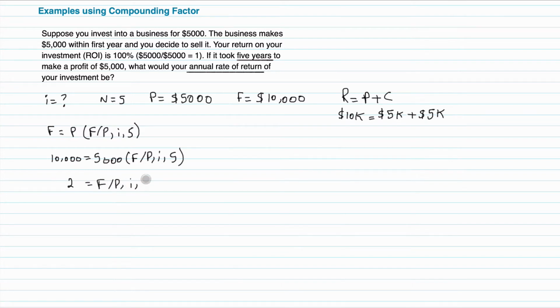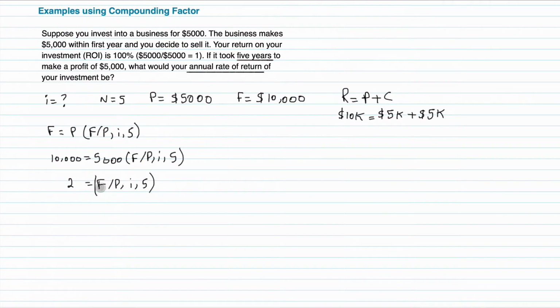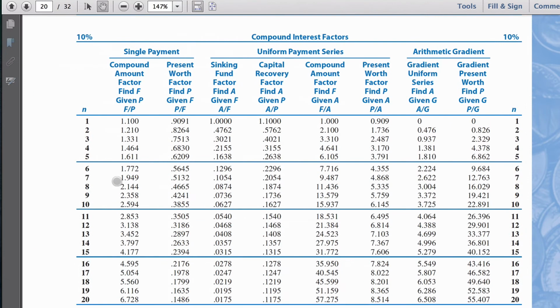Now we need to find an I in the first column because we're trying to find F given P, I, 5. So is there an I value with 5 periods that's close to 2? Well, 5 periods F given P at 10% is 1.611.